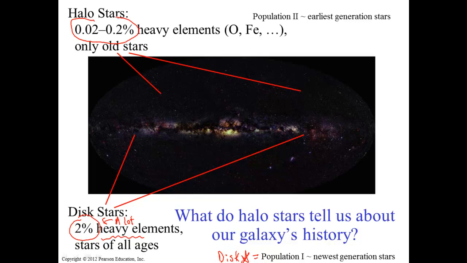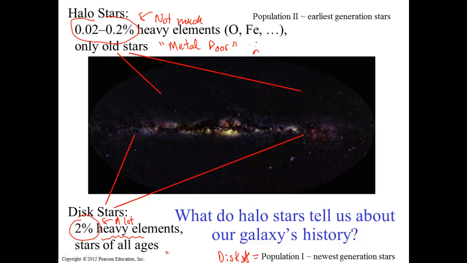In fact, I'm going to add one more term I think helps. We actually call these metal poor. Okay, I'll put a frowny face. I don't know if they're really sad about that. Over here, I'm going to call these guys down here in the disk metal rich, because I put lots next to that 2%.